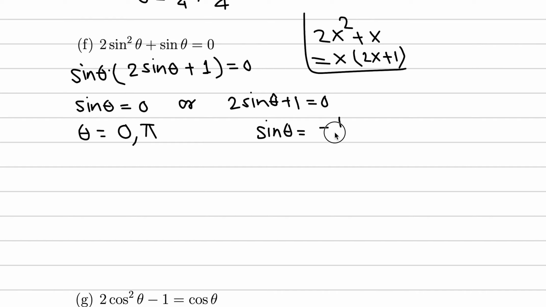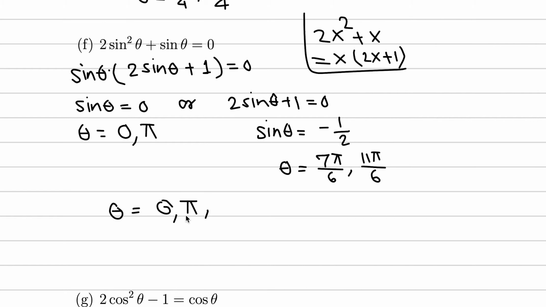Then what is theta? The y coordinate is negative 1/2, and sine is negative in the third and fourth quadrants. That gives 7 pi over 6 and 11 pi over 6. So theta equals 0, pi, 7 pi over 6, and 11 pi over 6.